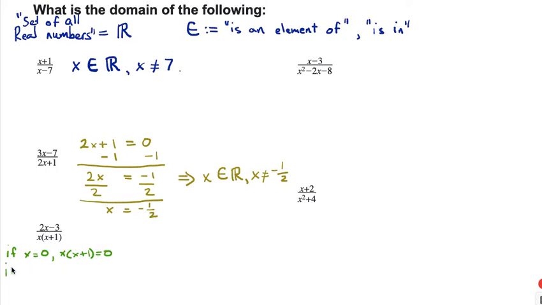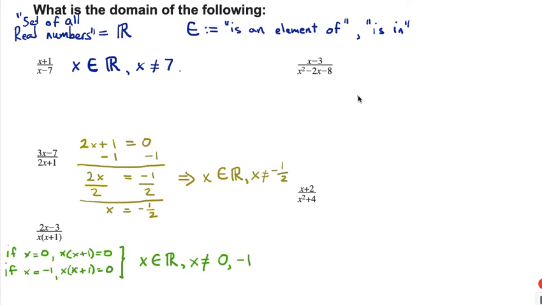But we can also say that if x is equal to -1, because -1 plus 1 is equal to 0, then x times (x plus 1) will also be equal to 0. So we can say that x is in the set of all real numbers, but x is not equal to 0 or -1. The expression is undefined at 0 or -1. So that's the domain for each of those.